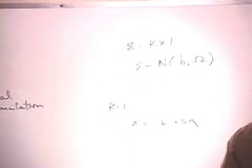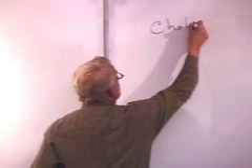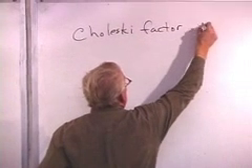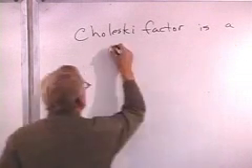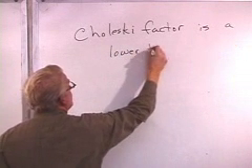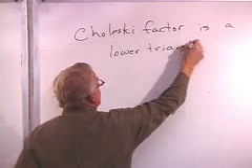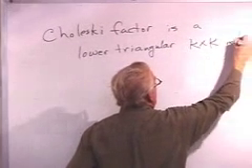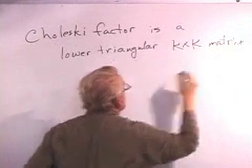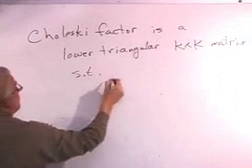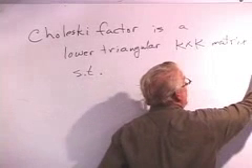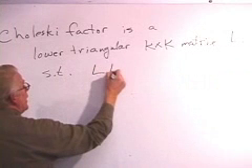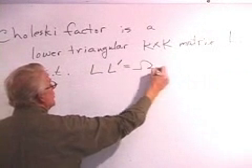A Cholesky factor is a lower triangular matrix, let's call it L, that has the property L L prime is equal to omega.